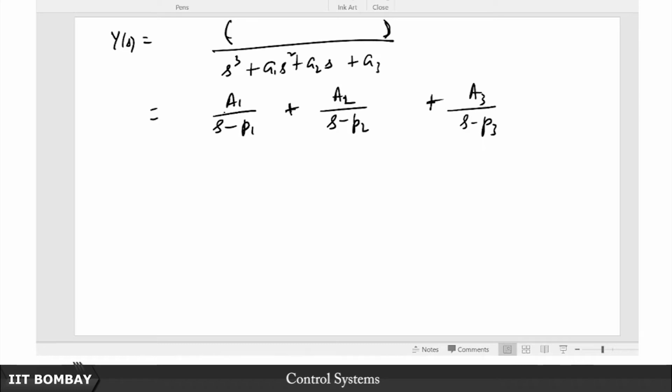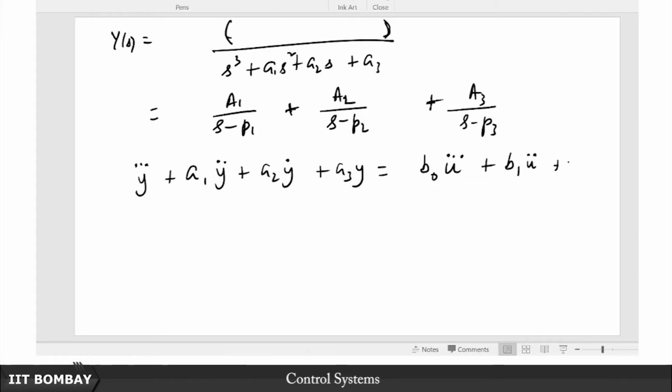And if you think about it a bit, depending on the kind of differential equation you are dealing with, so for instance, if your differential equation were something like this, containing up to the third derivative of the input as well.